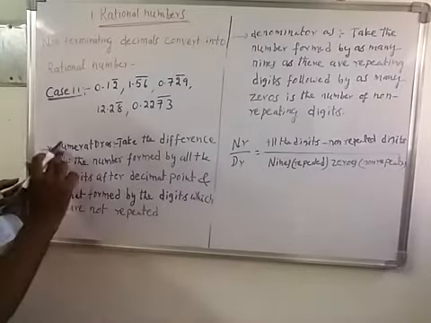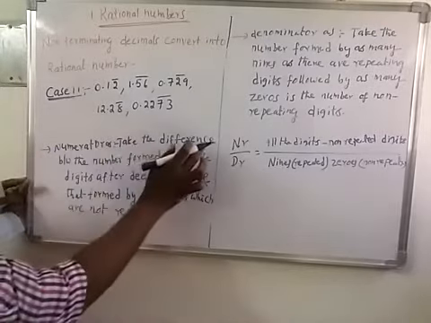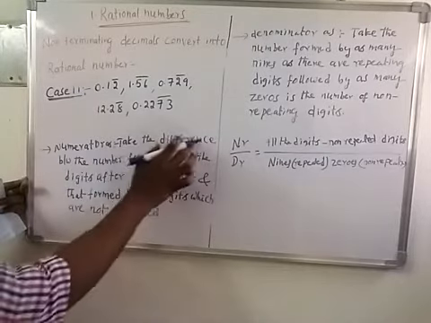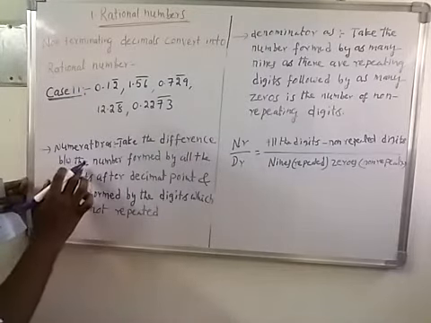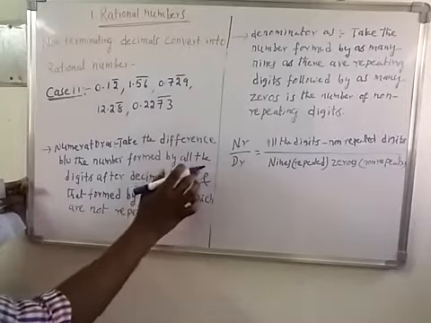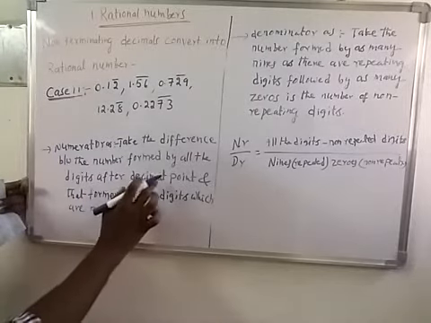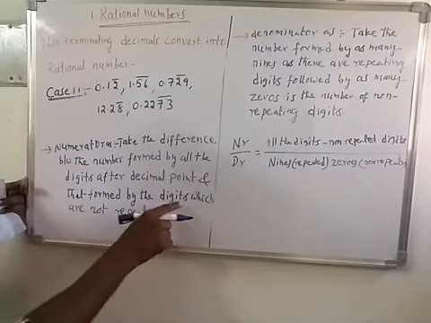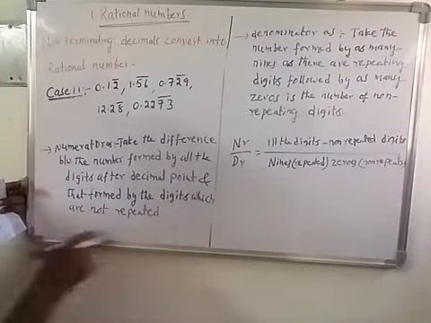For the numerator, take the difference between the number formed by all the digits after the decimal point and that formed by the digits which are not repeated.